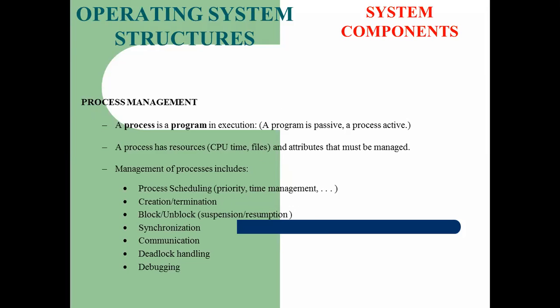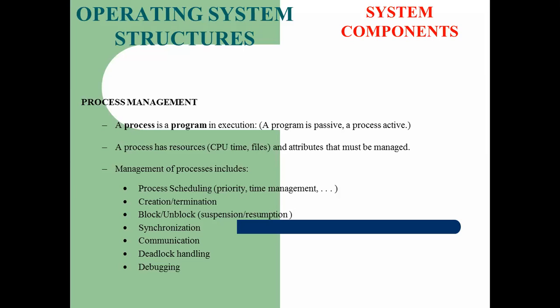After writing, we compile, and after that we execute that program. Under execution, it becomes a process. So a program is nothing but passive, and a process is active. This is the difference between the process and the program. Anybody can ask what is the difference between the program and the process. So don't just say a program is a set of instructions and a process is this.